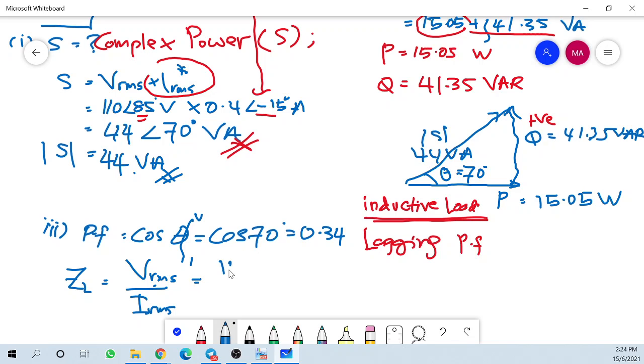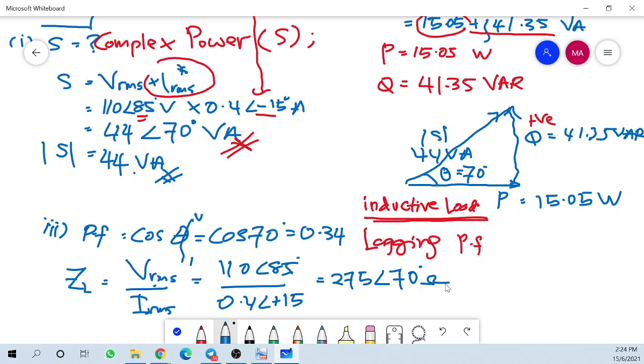So V RMS is 110 angle 85, divided by I RMS 0.4 angle positive 15. So from here you can determine Z. What is Z? 275 angle 70. The unit of Z is ohms.